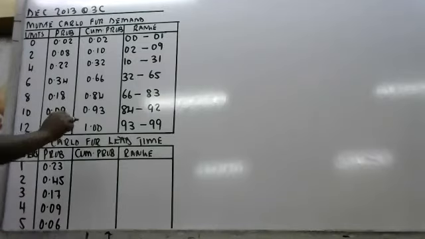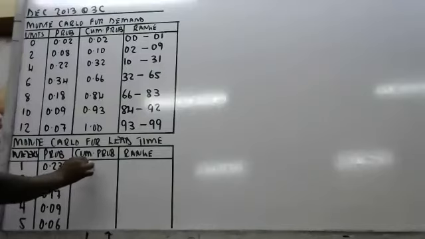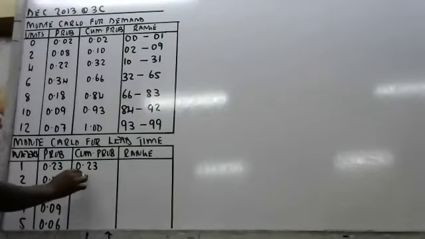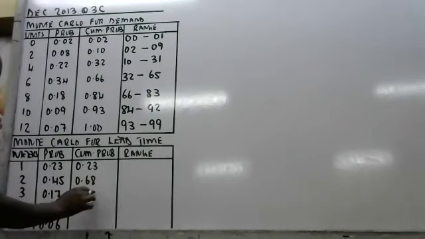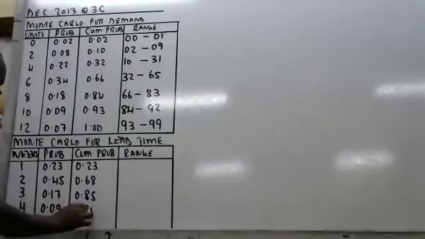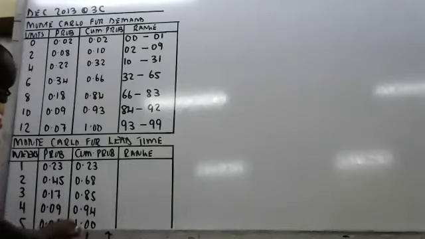So when you cumulate, this becomes 0.23, 0.68, 0.85, 0.94, and 1.